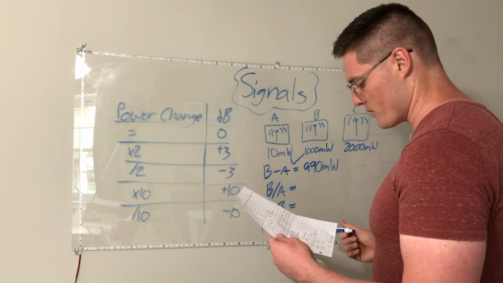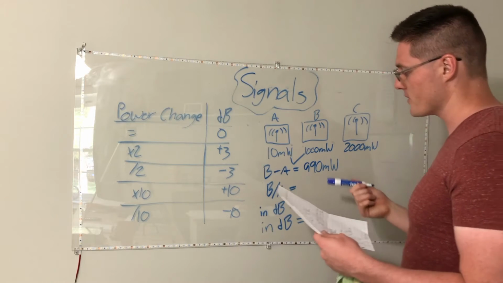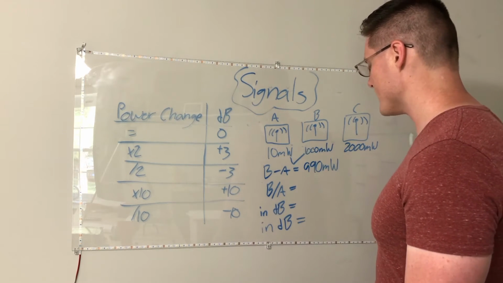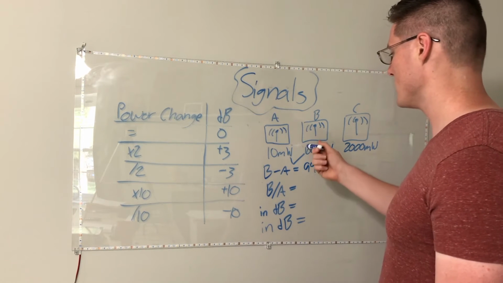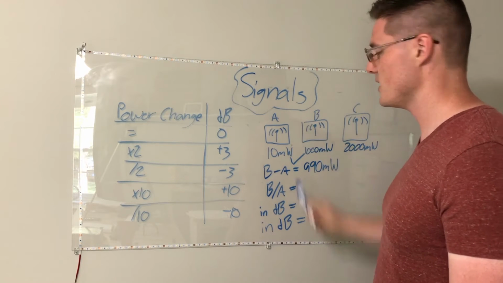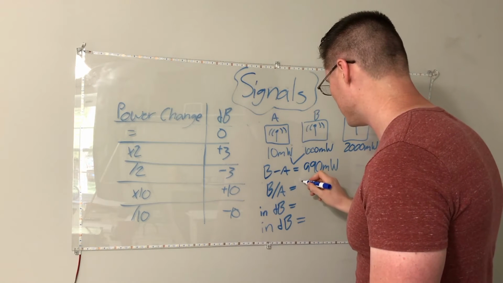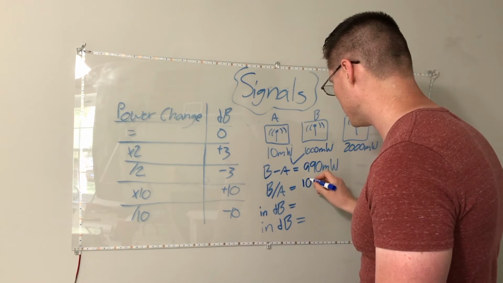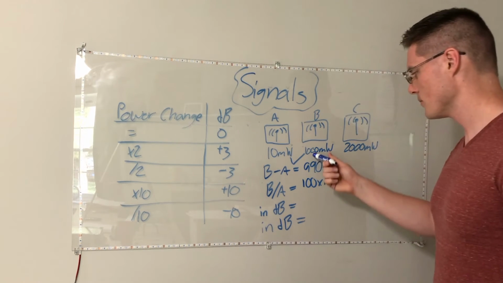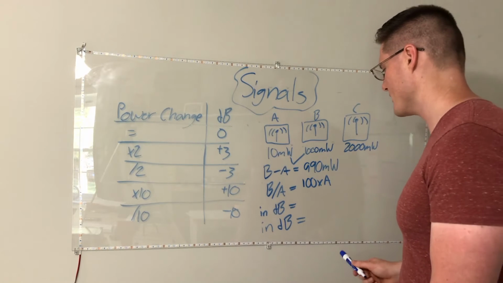Now, if you divide it instead of subtracting, then what you have is essentially 100 times more power for antenna B than antenna A. Because 1,000 divided by 10 is going to be 100.